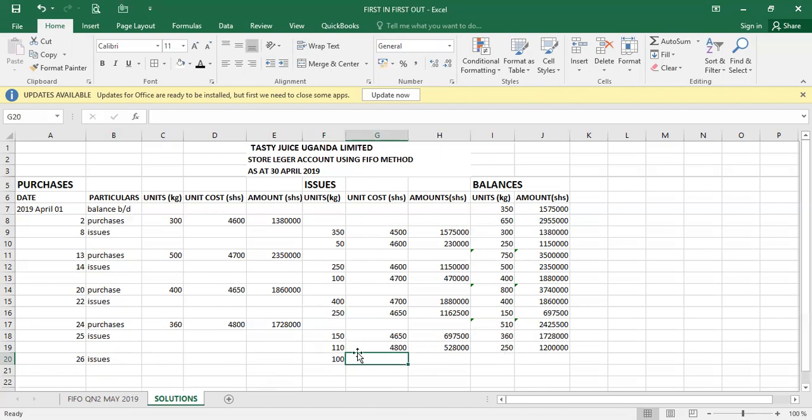This batch was not completed. On this batch, which was purchased on 24th, the 360 will move only 110. It means we can still issue out because stock is still there. We are still having something, so we are valuing it at the same. So it will be cost this, multiply by this. Press enter, then we'll adjust our stock. Since stock is reducing, we have also to reduce, minus this.